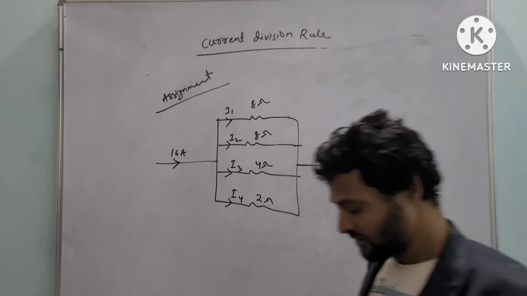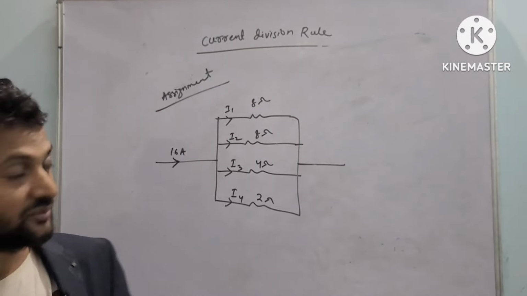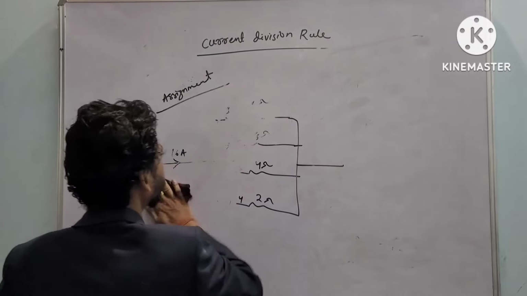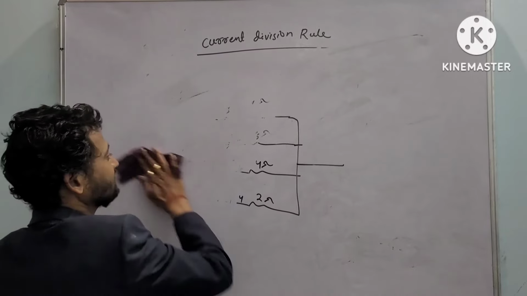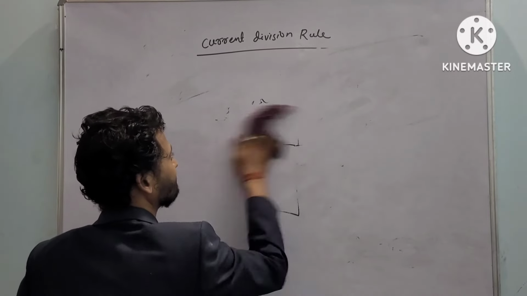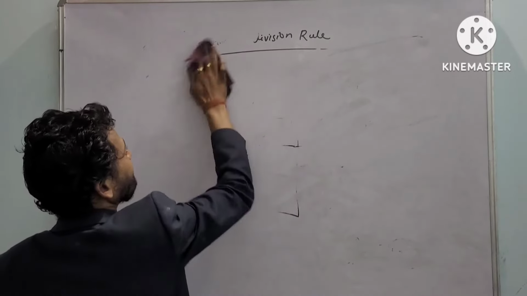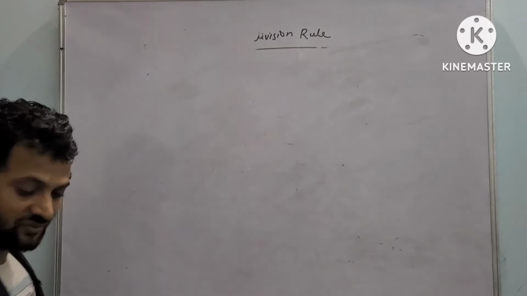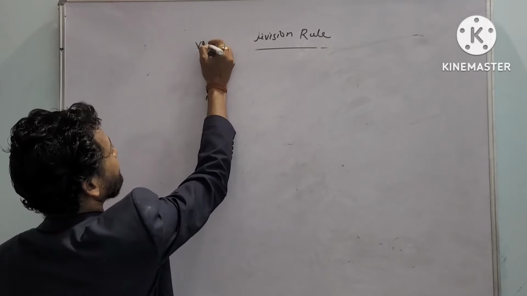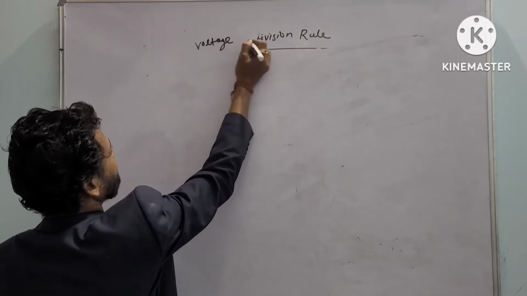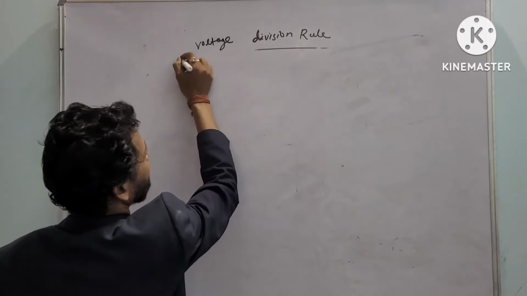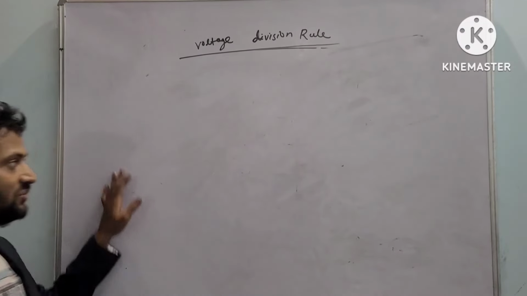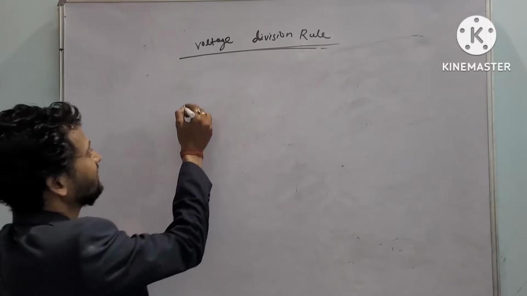ओके ठीक है. नेक्स्ट विल गो फॉर वोल्टेज डिवीजन फॉर्मूला. ये voltage division formula क्या होता है?